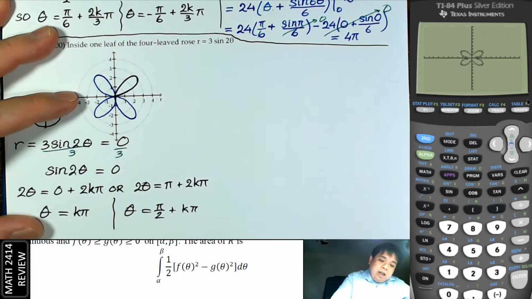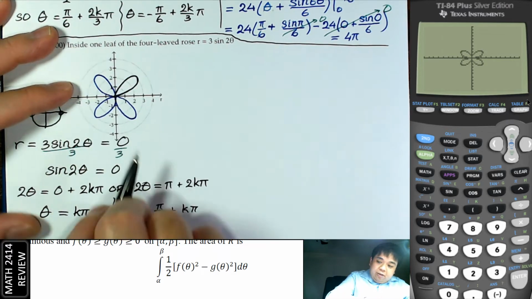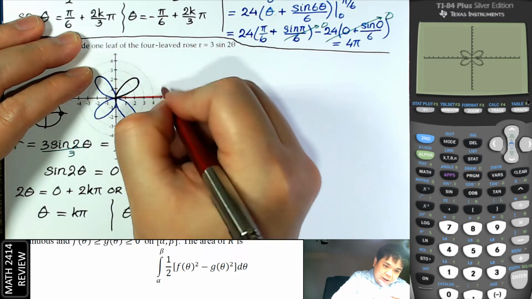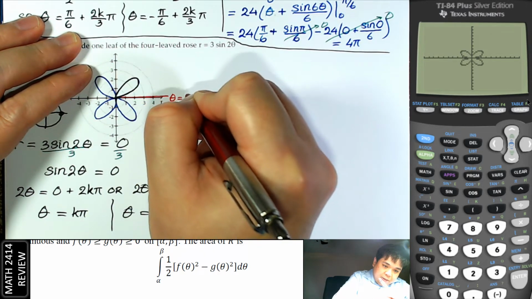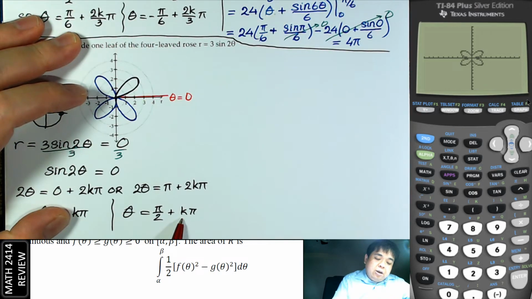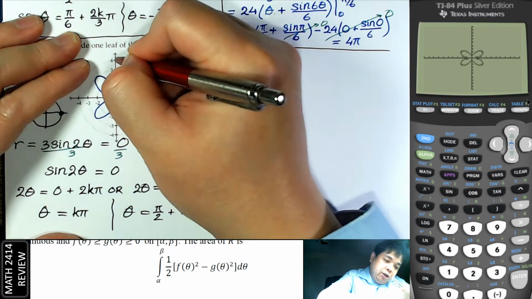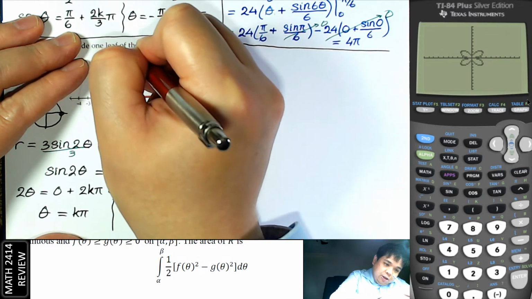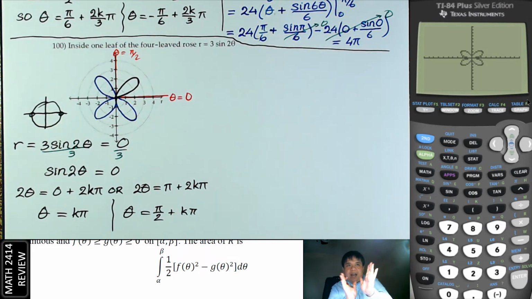Essentially, if we let k equal to 0, we have 0, and if we let k equal to 1, we have pi over 2. So from 0 to pi, that is one petal.